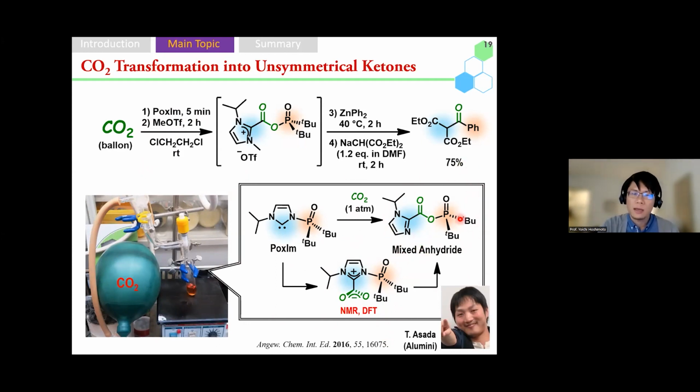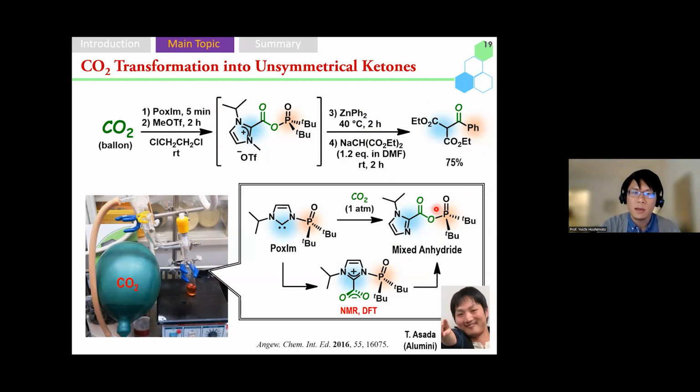Of course, this can be isolable, but without isolation, in situ methylation gives this key intermediate, including two leaving groups. So it means imidazolium and phosphate on this CO2-derived carbon center.